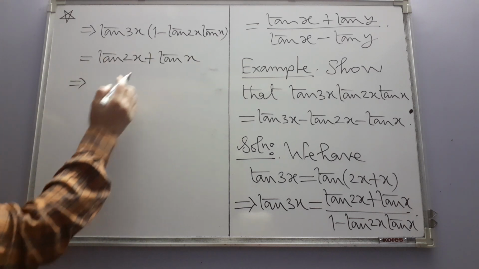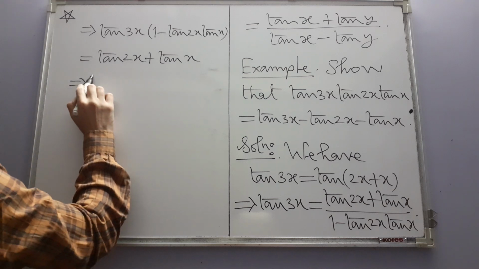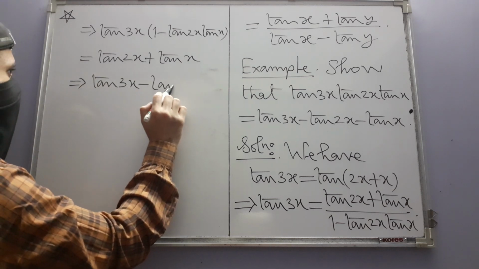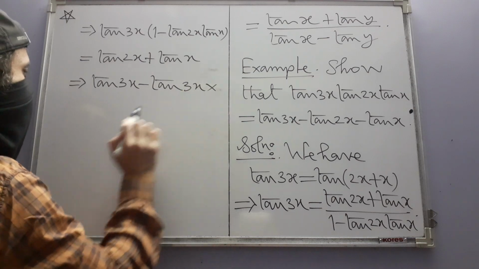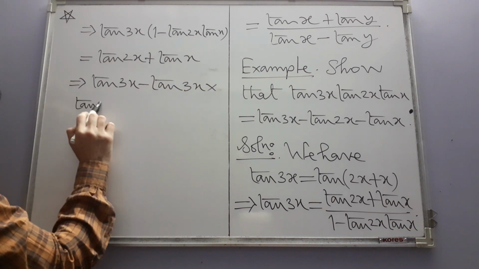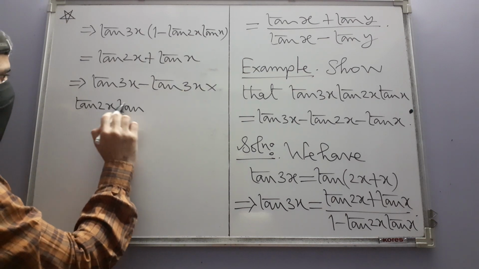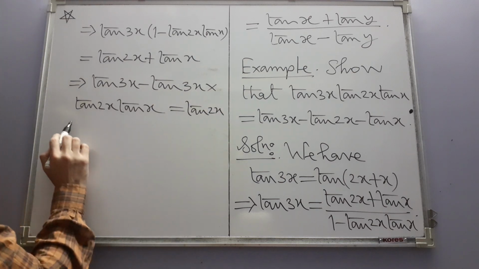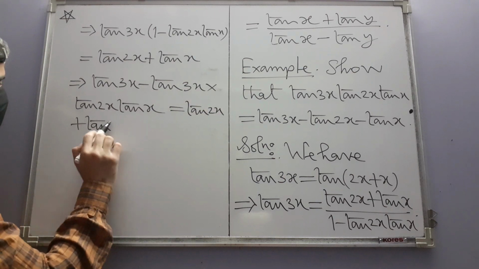Now you have in fact started seeing what will happen. Tan 3x times tan 2x tan x is equal to tan 2x plus tan x.